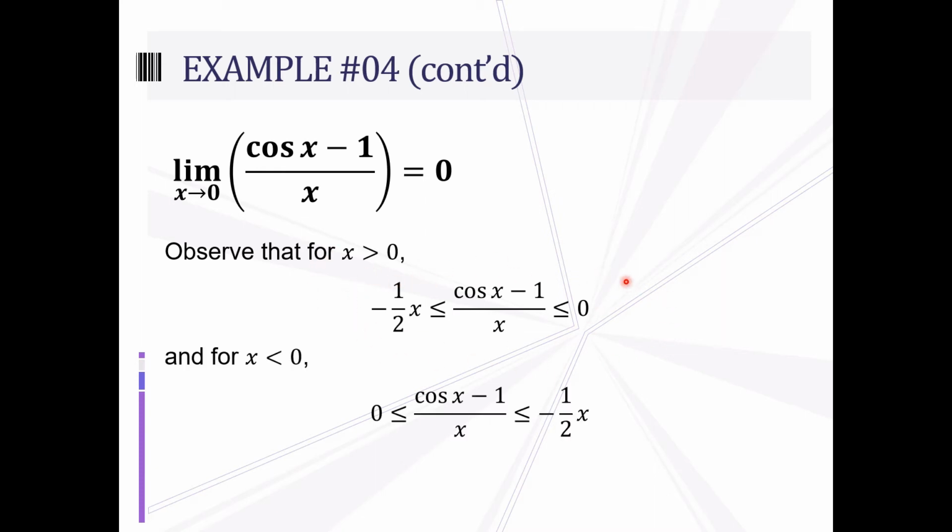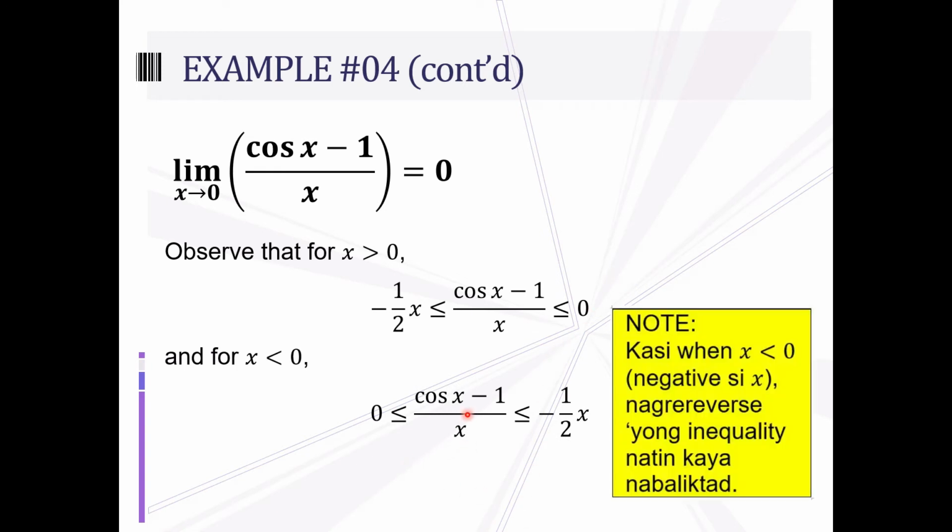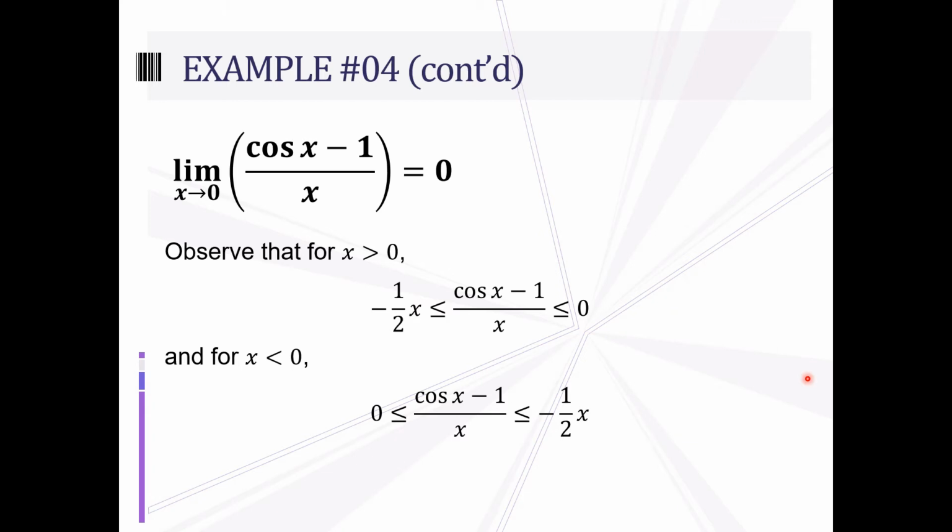However, for x less than 0, mababaliktad siya. Okay? Cosine x minus 1 over x is greater than or equal to 0 but less than or equal to negative 1 half x. So actually, we are looking at two cases here. Okay? First, kapag x is greater than 0 at kapag x is less than 0.